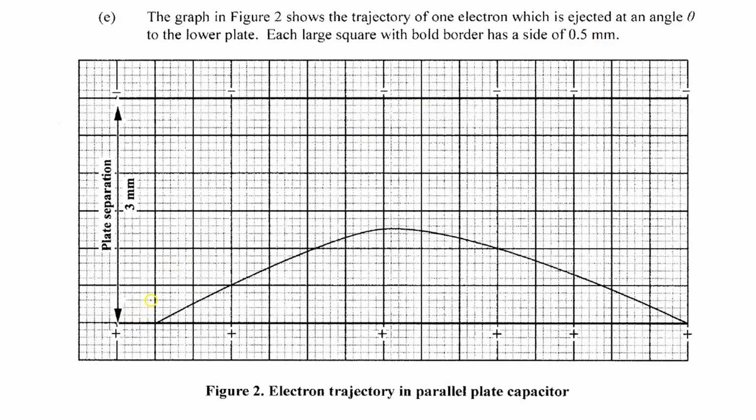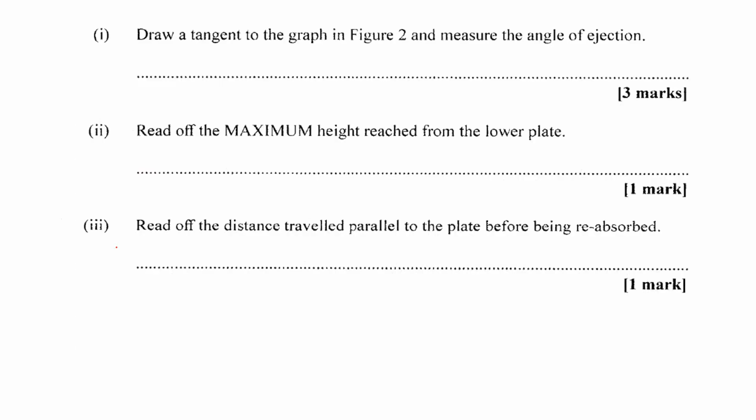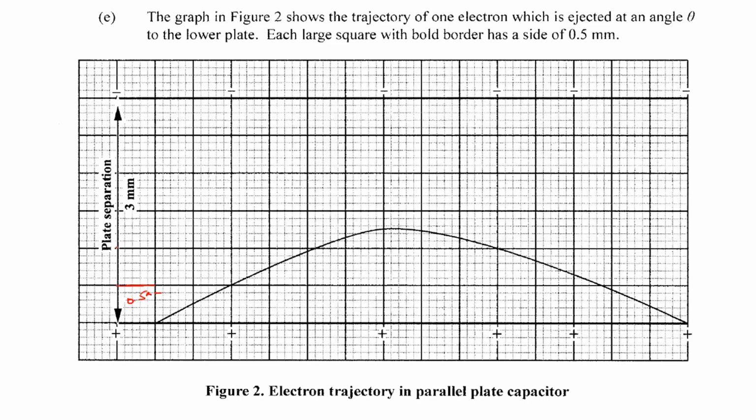So in a sense, I'm assuming that this is 0.5 millimeters: 0.5, 1, 1.5, 2, 2.5. That's what they're saying. They say draw a tangent to the graph and measure the angle of ejection.